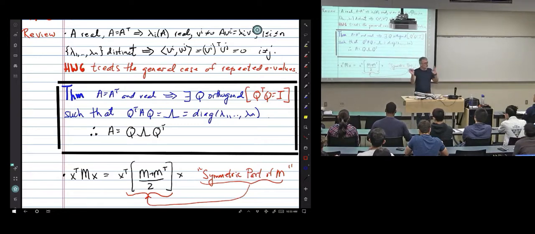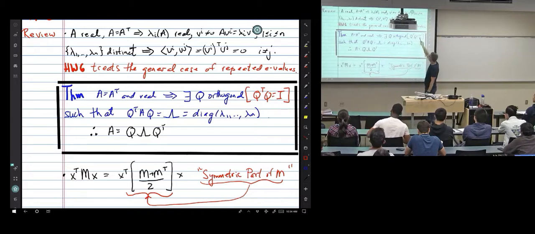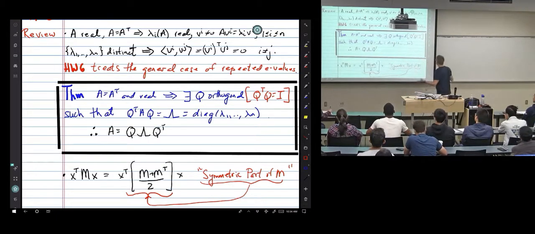Those two communities did not get their vocabulary coordinated perfectly. So you just have to remember that a matrix is orthogonal if Q transpose times Q is the identity. And since the ij element of this matrix is the ith column of Q inner product with the jth column of Q, this really means they are orthonormal, okay?